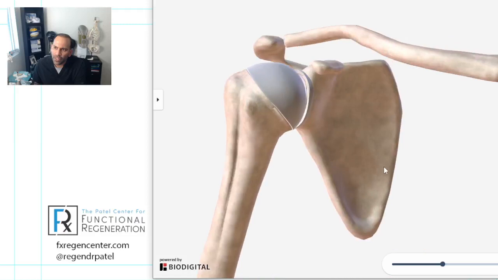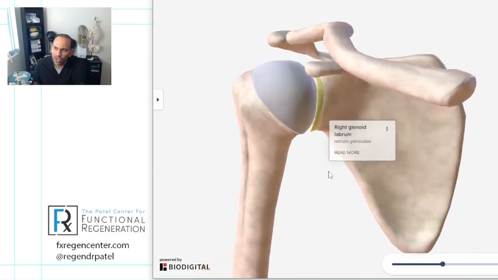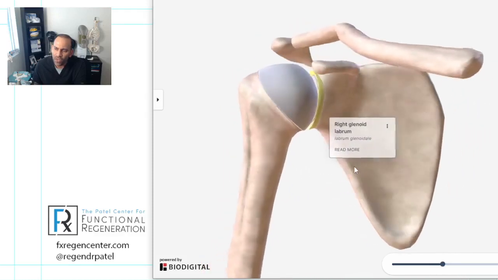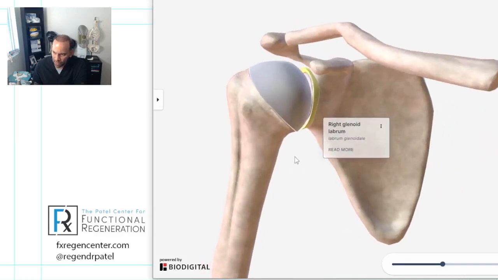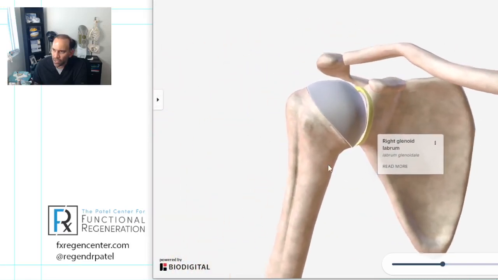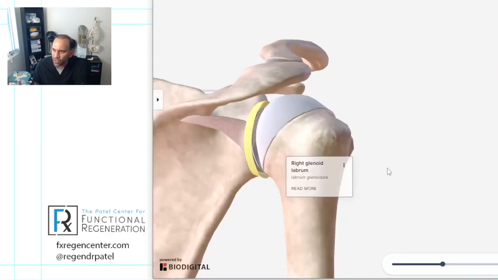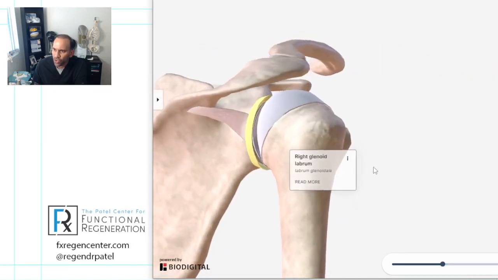So we have a couple things that provide stability to that golf ball on the tee, one of which is the labrum, which is this soft tissue ring that surrounds the tee, basically provides more surface area and allows the ball to be more secure on the tee there.